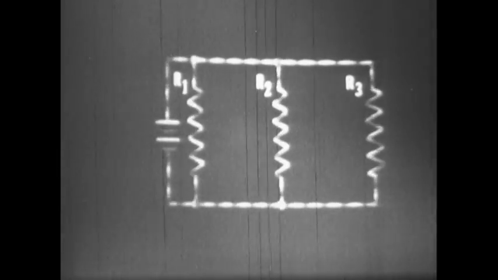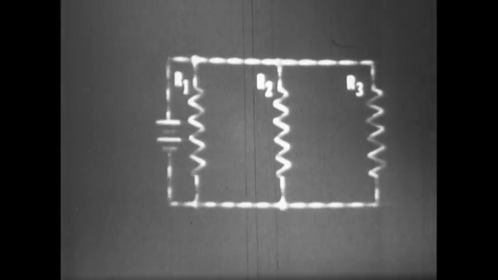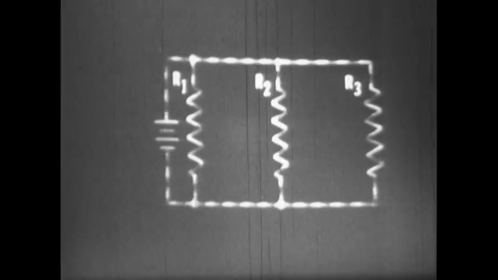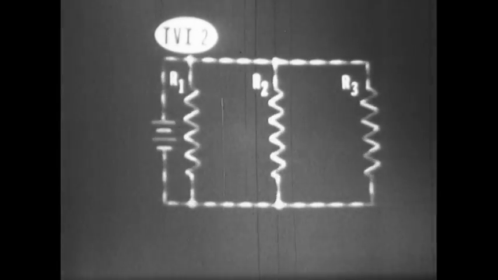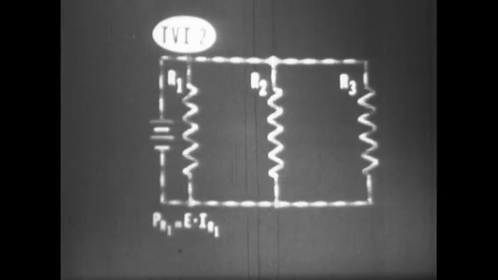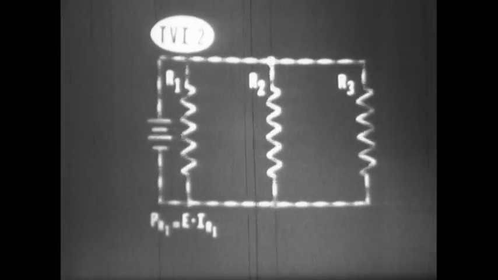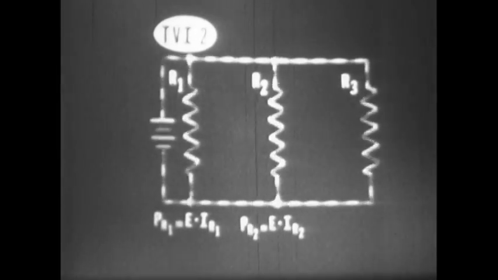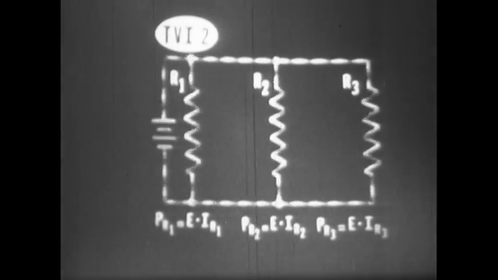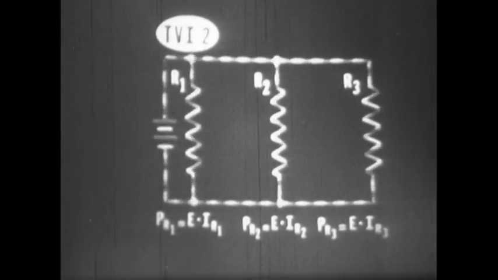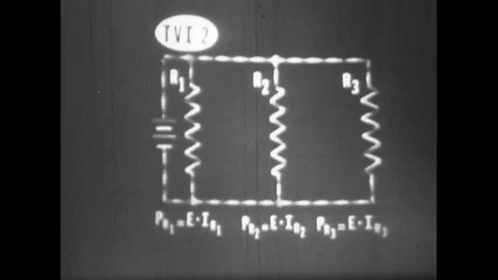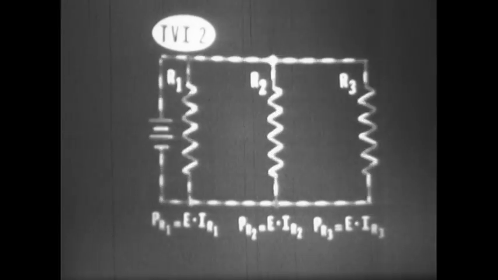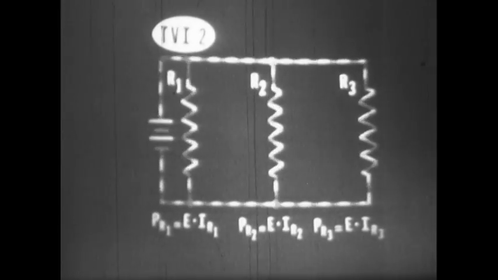This means that the current through a given resistive branch is used to determine the power dissipated by that particular branch. The sum of the branch currents, IT, is then used to determine total power.